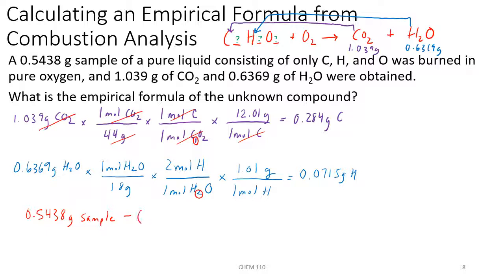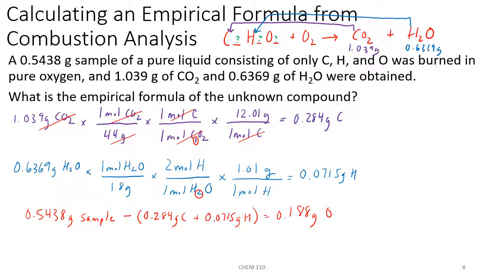If we subtract off the mass of carbon and hydrogen, what we'll be left with is the mass of the oxygen. So we'll subtract off 0.284 grams of carbon plus the 0.0715 grams of hydrogen. The difference that we get, which is 0.188 grams, is our mass of oxygen.